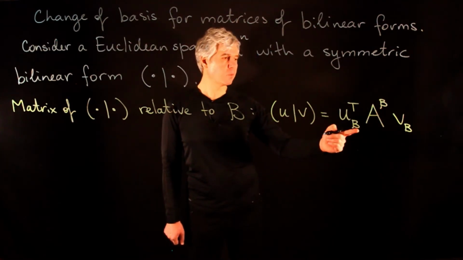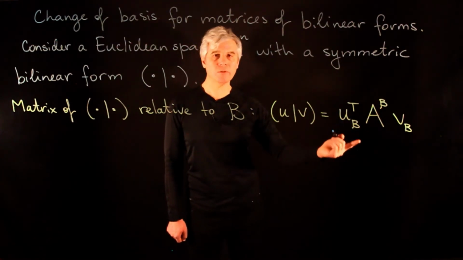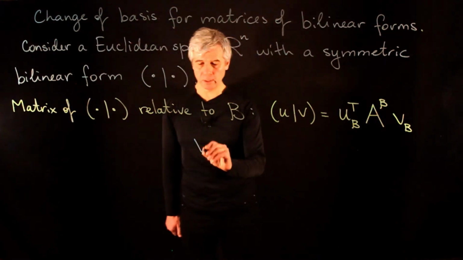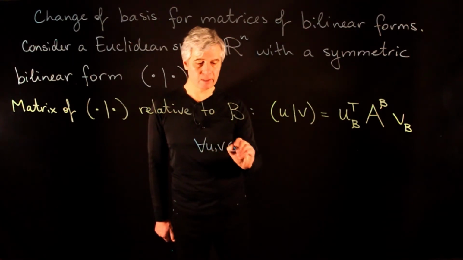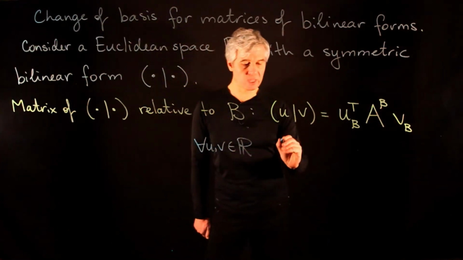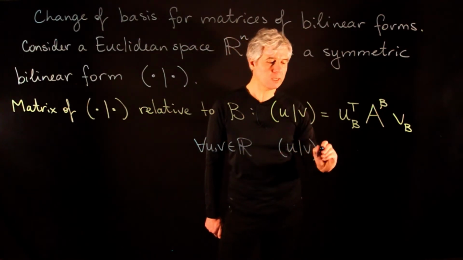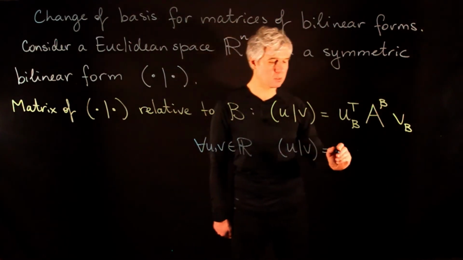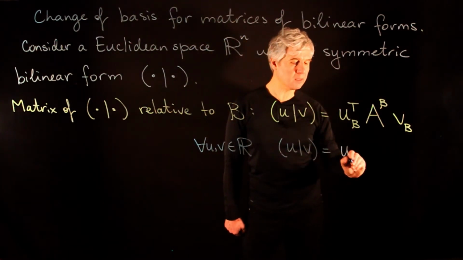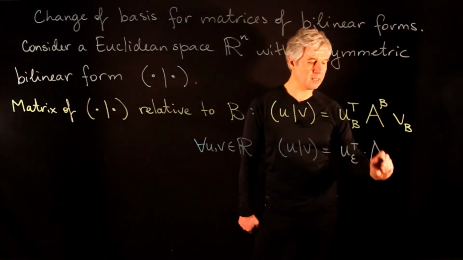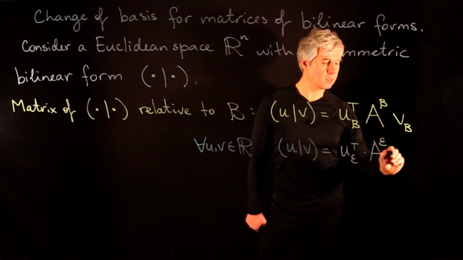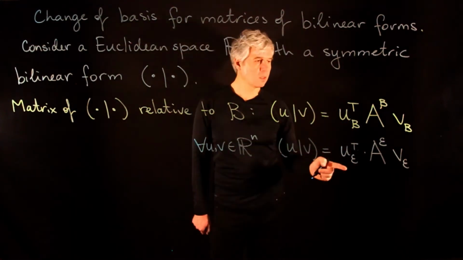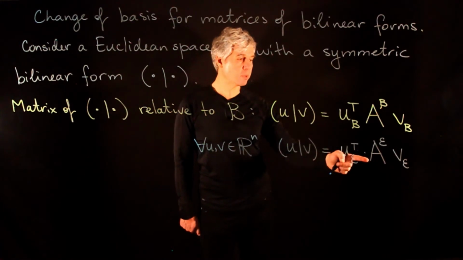In particular, we can compute the matrix of a bilinear form in the standard basis of Rn, and we get that for all u and v in Rn, the same bilinear form (u, v) can be also expressed using coordinate vectors in the standard basis. So this will be u in the standard basis transpose times A in the standard basis times v with respect to the standard basis e of Rn.